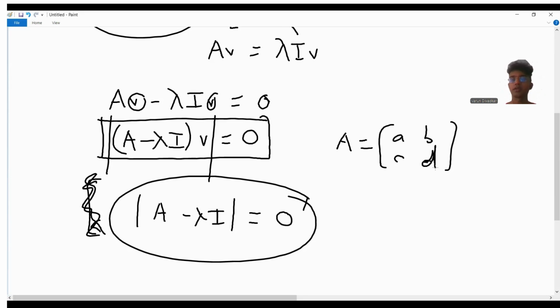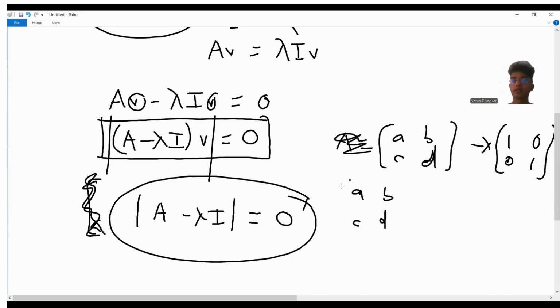Then A minus lambda I is this minus lambda into [1, 0; 0, 1], which is [A, B; C, D] minus [lambda, 0; 0, lambda].